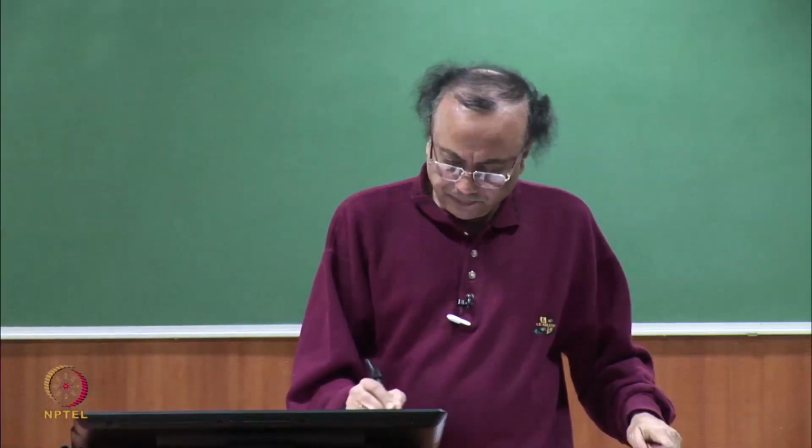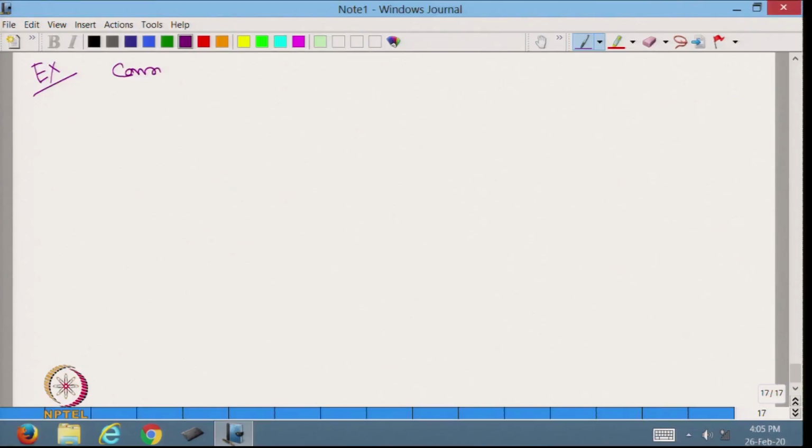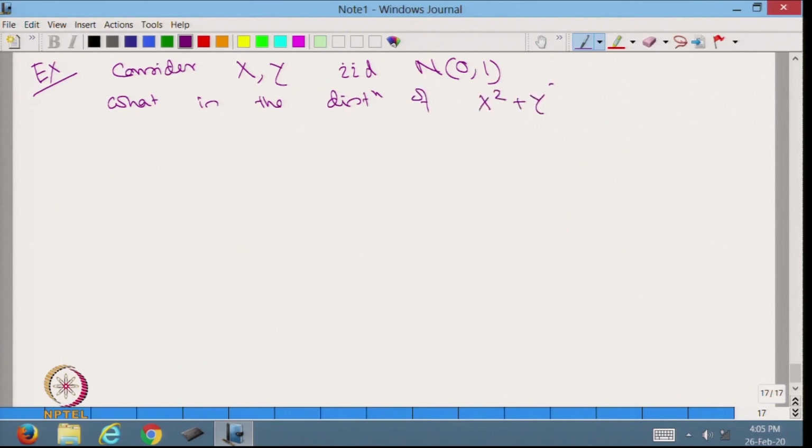Another example: consider x and y to be IID normal 0, 1. What is the distribution of x square plus y square?